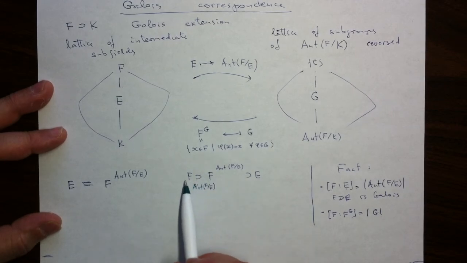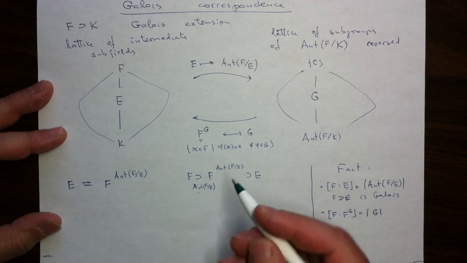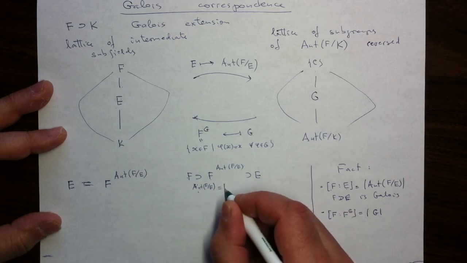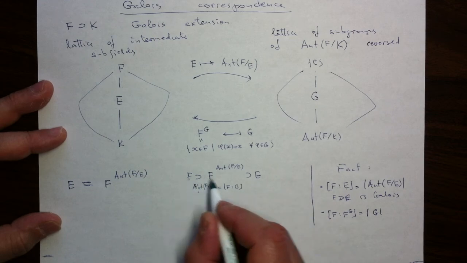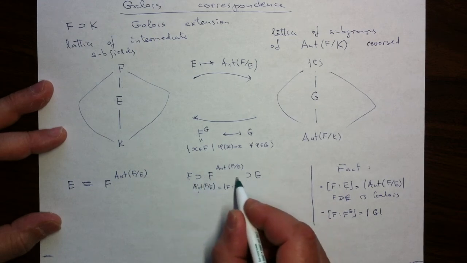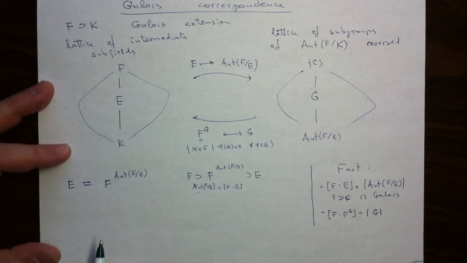But yeah, slightly reversing logic, this is a Galois extension, and its degree is also the same as the size of the group by the Galois property. So this degree is equal to the whole degree, and that means that these two have no difference in between, so they are the same.